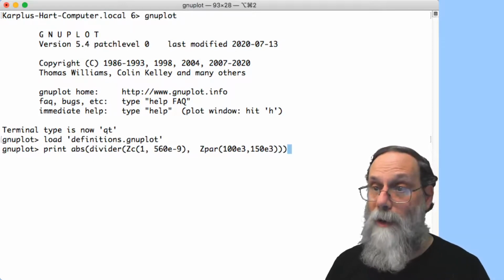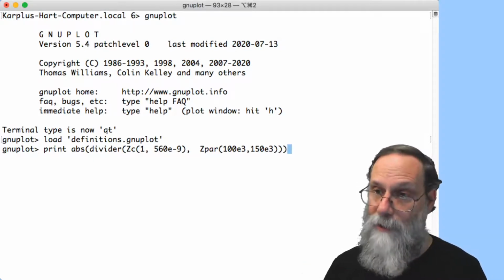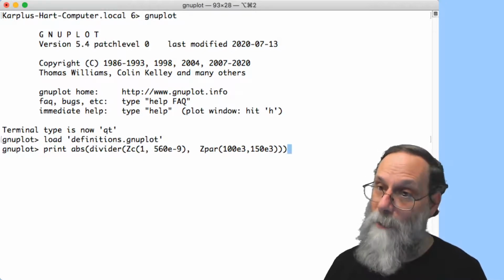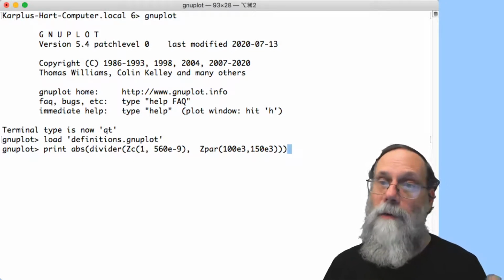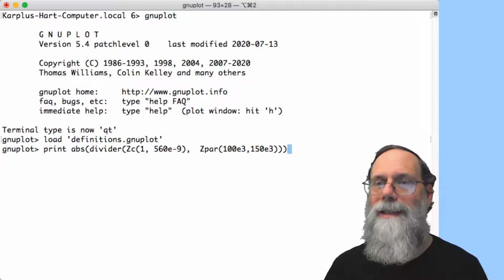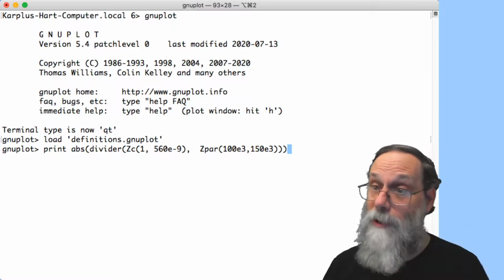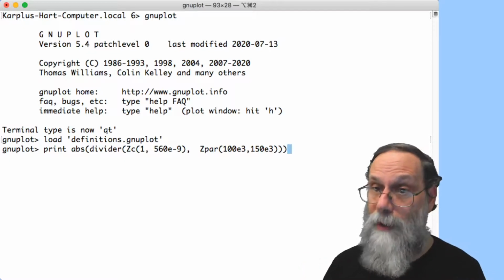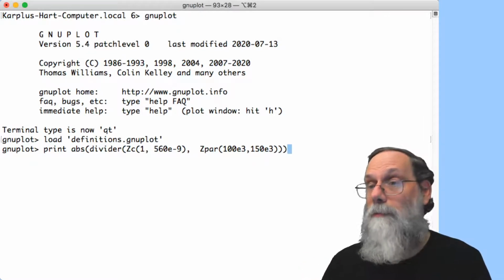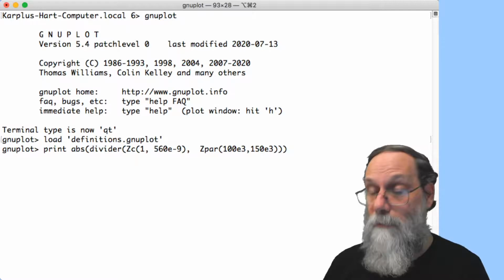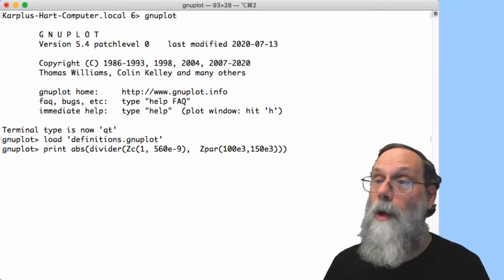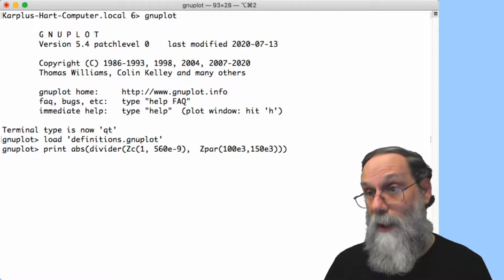I'm printing out the absolute value of the output of a voltage divider. Now, the divider formula didn't include a voltage in it, really. It was just the gain of a voltage divider. So that's what I wanted. I wanted this gain, if I've set up the right voltage divider here, to be 0.2 approximately.